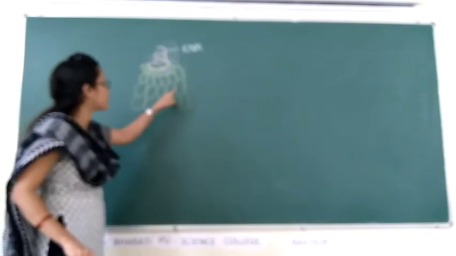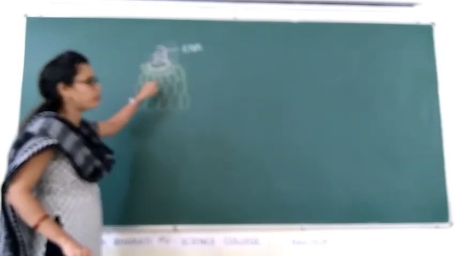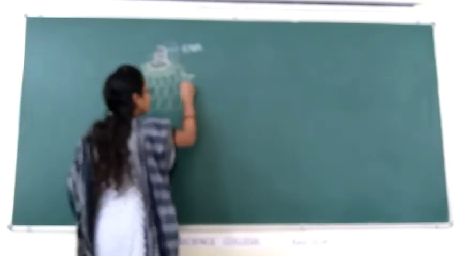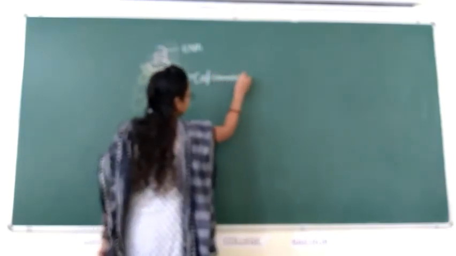This capsid contains many subunits. Say this is one subunit of the protein coat. Like this, many subunits are present in the protein coat, and these subunits are called capsomeres.